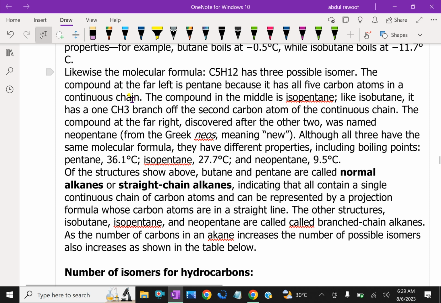The compound at the far left is pentane because it has all 5 carbon atoms in a continuous chain. The compound in the middle is isopentane. Like isobutane, it has one CH3 branch on the second carbon atom of a continuous chain.